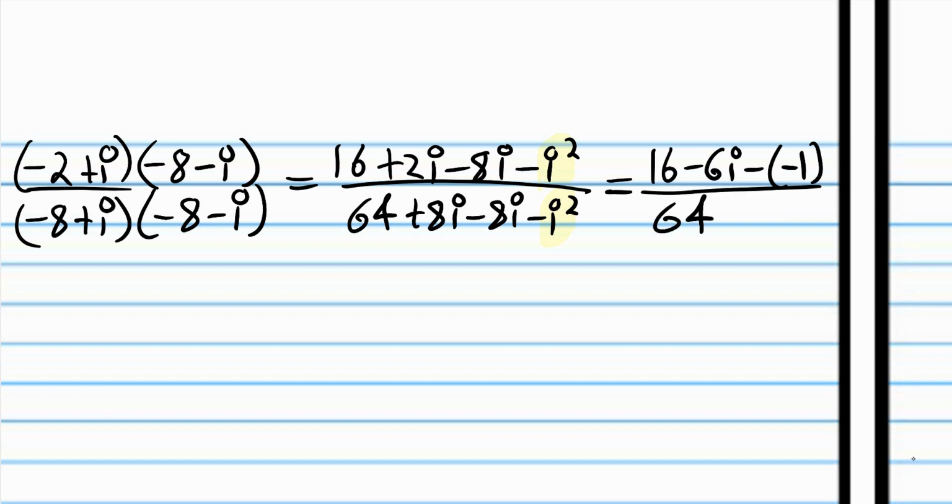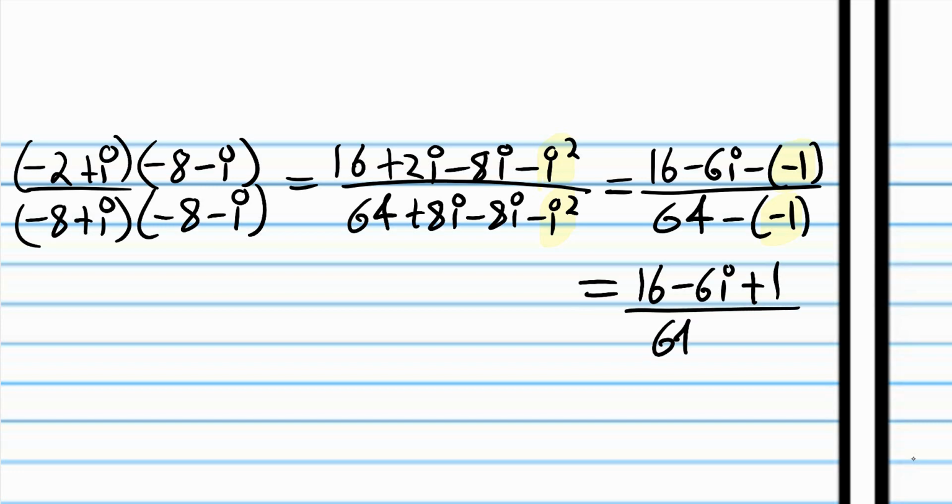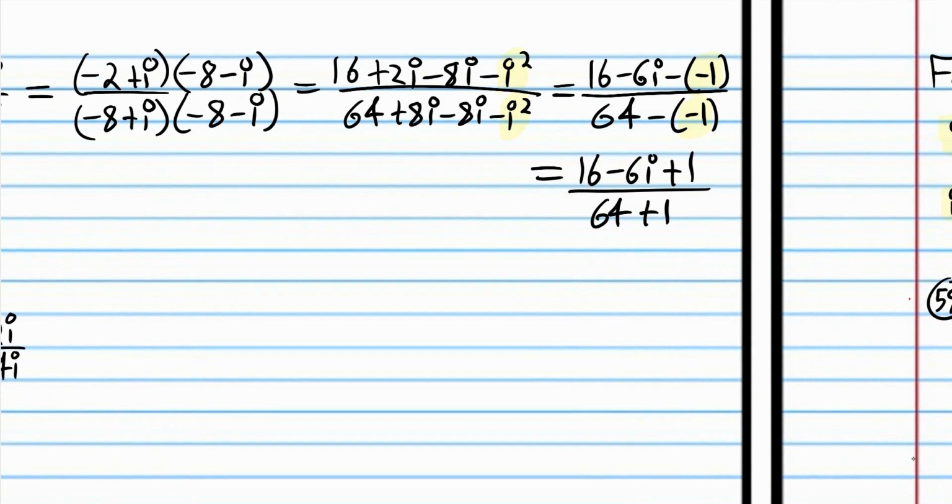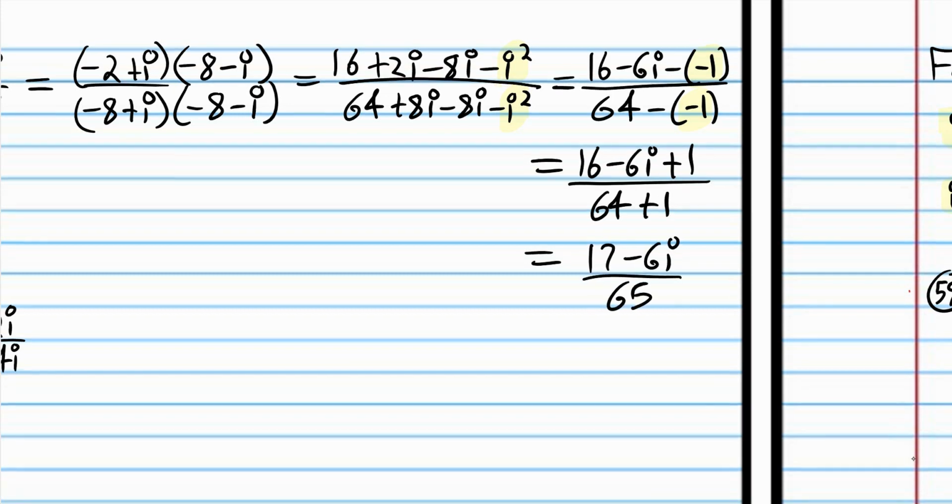Inner terms are going to cancel out. We get 16 minus 6i plus 1 over 64 plus 1. And our final answer, well, not our final answer, but it's going to be 17 minus 6i over 65.